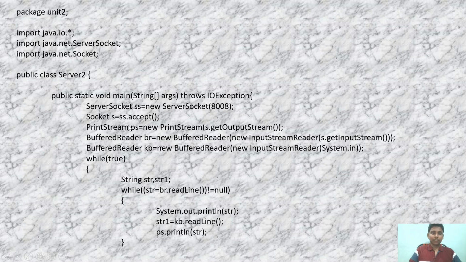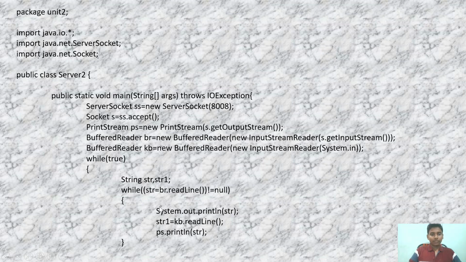PrintStream: this PrintStream object ps sends the data to the socket using s.getOutputStream. Next a BufferedReader br which takes the input from the socket. Another BufferedReader kb which takes the input from our keyboard.